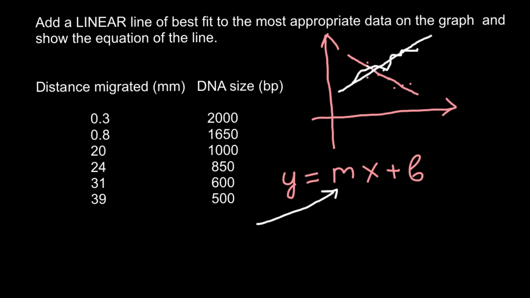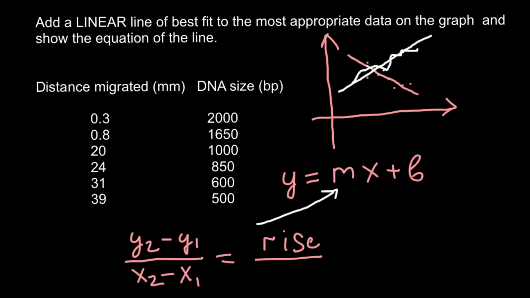We find it as y2 minus y1 divided by x2 minus x1, or we can also say that this is rise over run. And b here is the y-intercept.